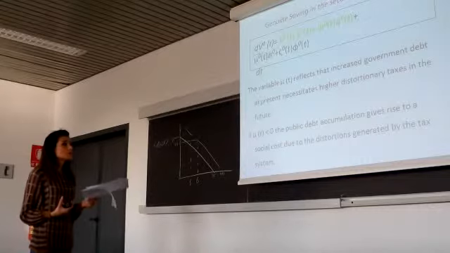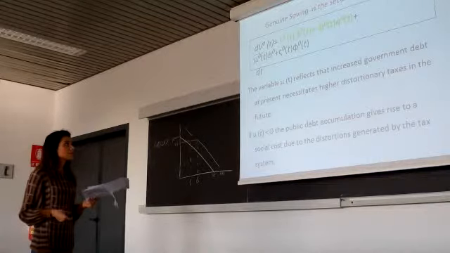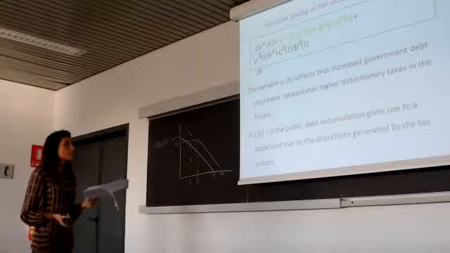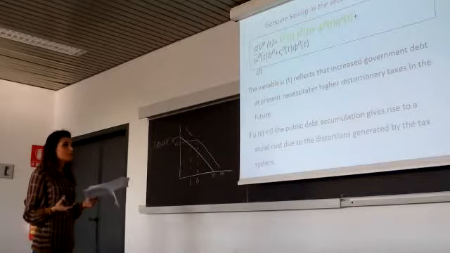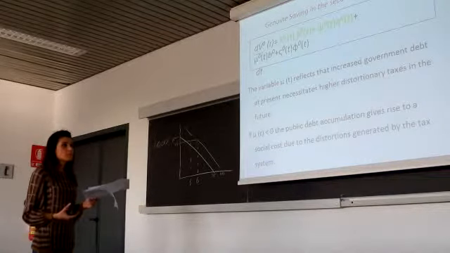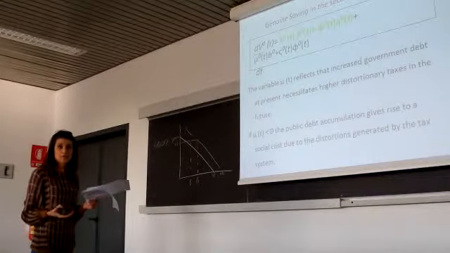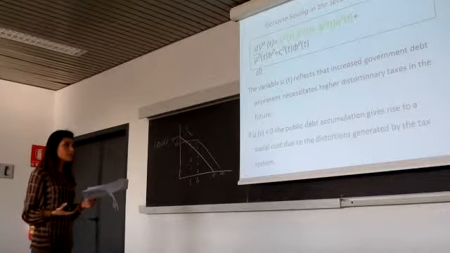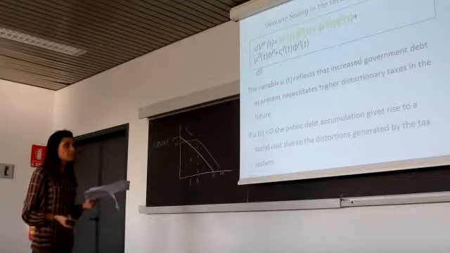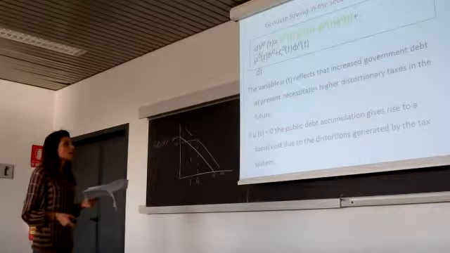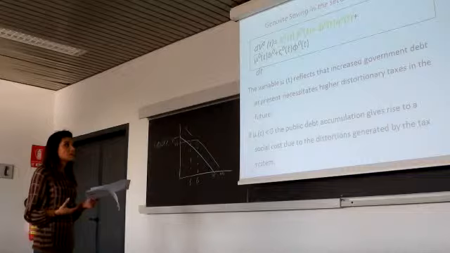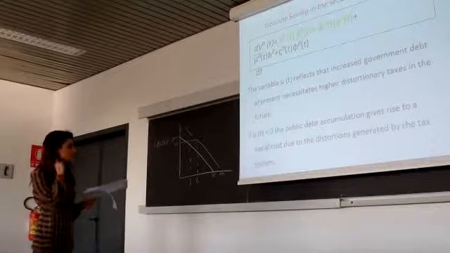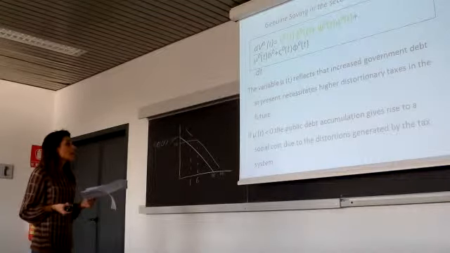So they want to show that the variable, the marginal excess burden, when it is negative, affects the measure of genuine saving, because the government debt can affect this measure, and so increasing government debt at present necessitates distortionary taxes, higher distortionary taxes in the future.